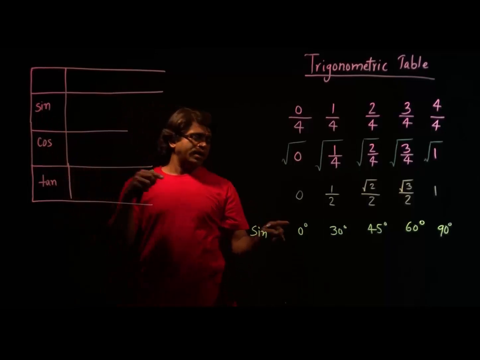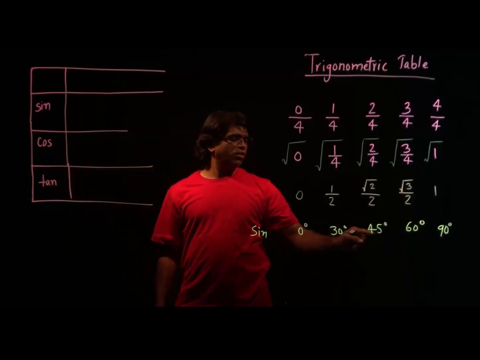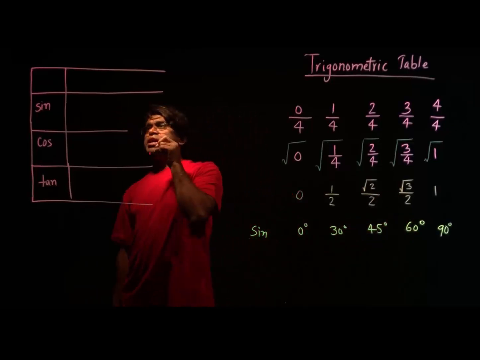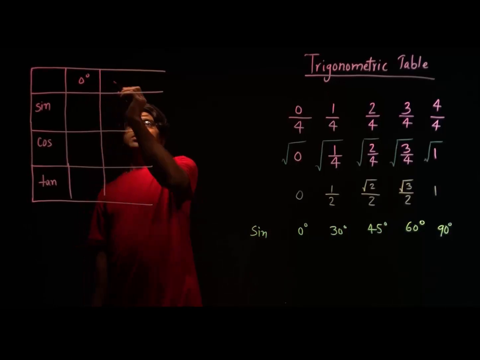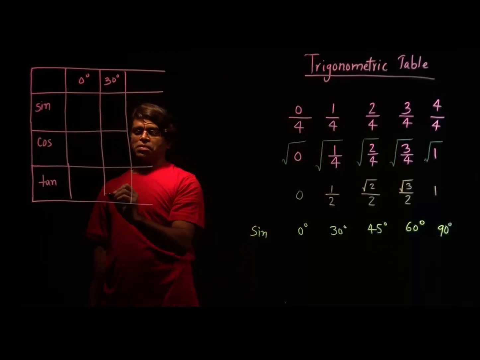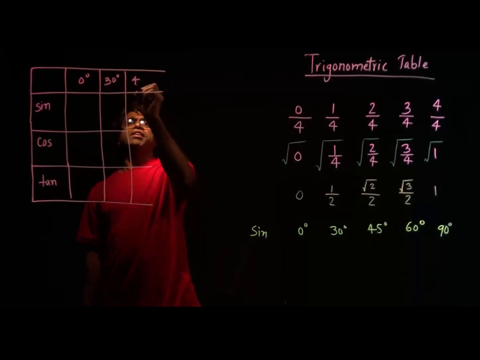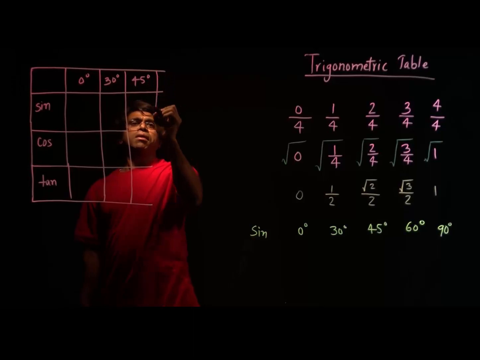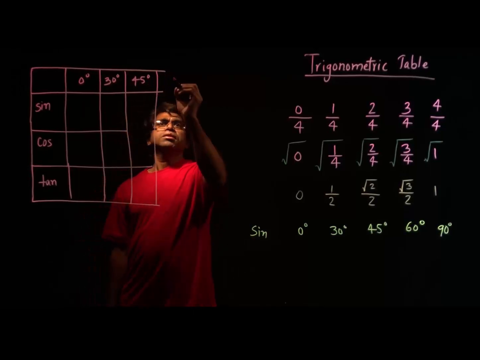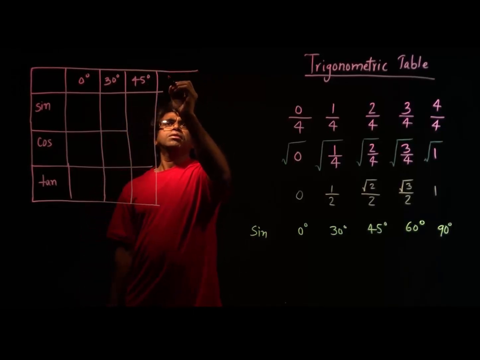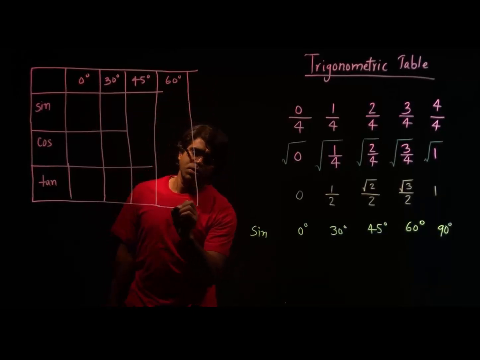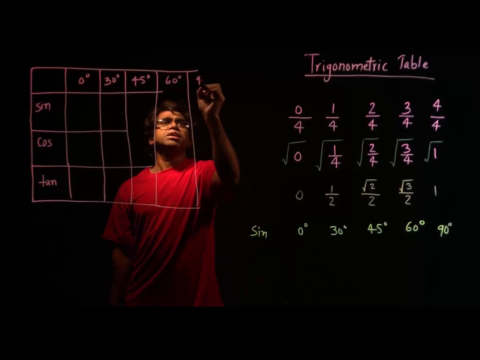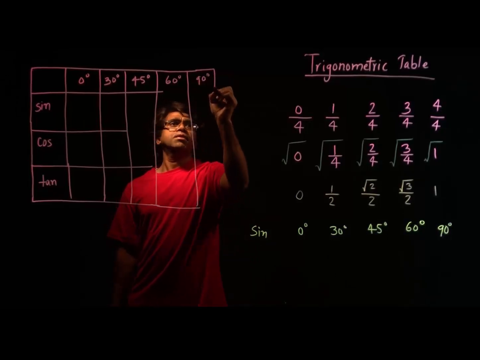And then I will write 0 degrees, 30 degrees, 45 degrees, 60 degrees, and 90 degrees over here. So I will write 0 degrees, 30 degrees, 45 degrees, 60 degrees, and then the last one is 90 degrees.